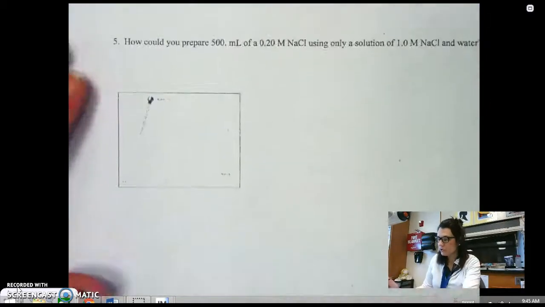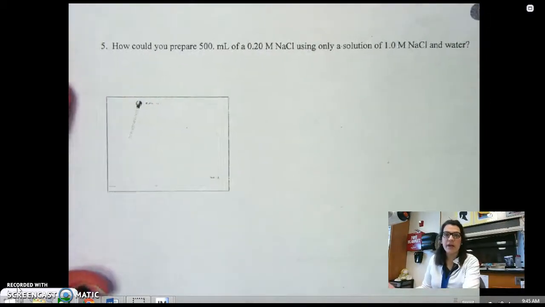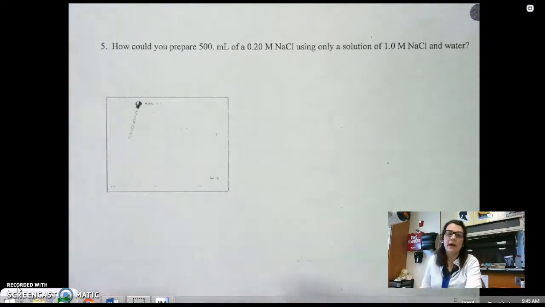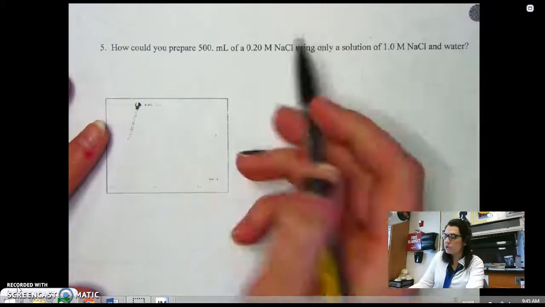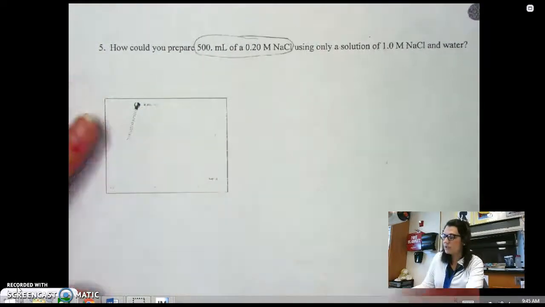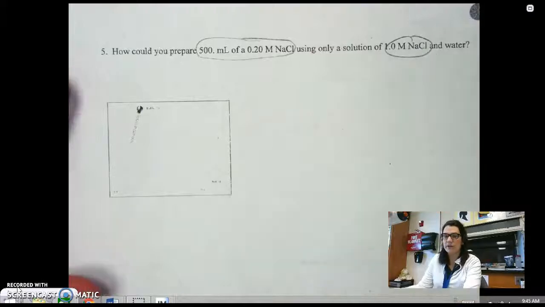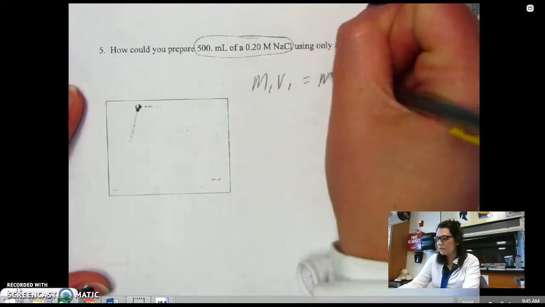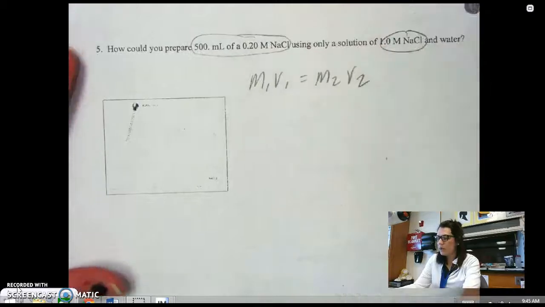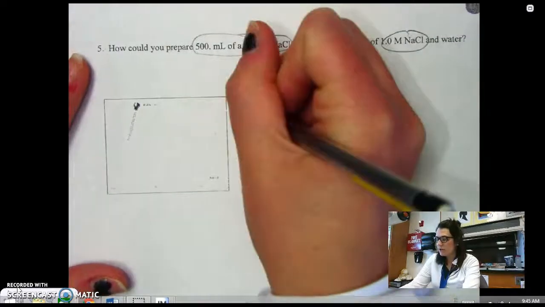Okay? So with that being said, let's look at number 5. It says, how could you prepare 500 milliliters of a 0.2 molar solution using only a 1 molar solution of sodium chloride and water? Okay, so we're ultimately diluting to this, starting with this. So we're going to say M1V1 is equal to M2V2, and the molarity that I'm starting with is the 1.